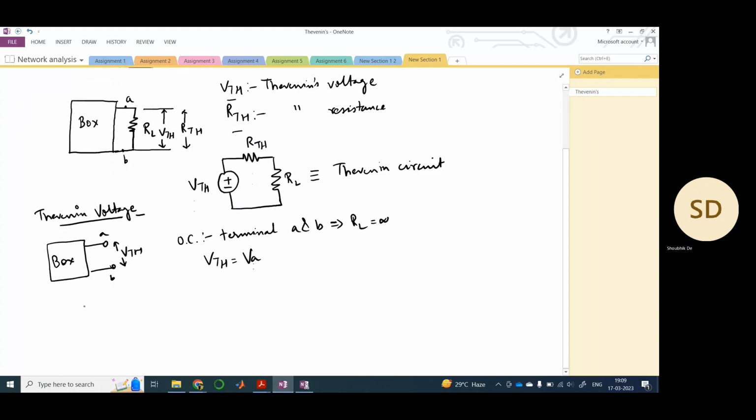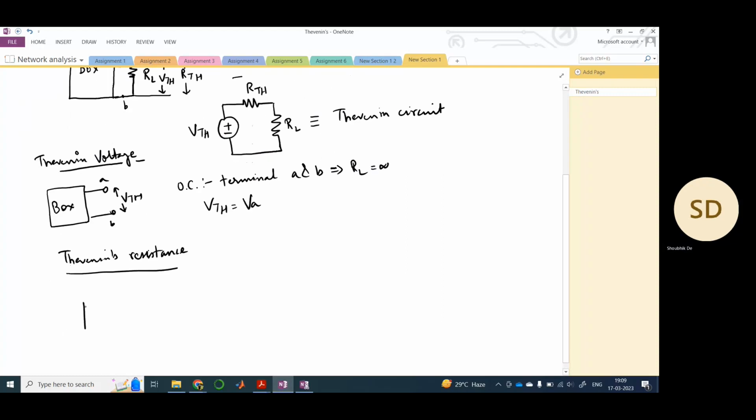Next comes your Thevenin resistance. For this you have this black box here, and again you have terminals A and B. Now you will look into this circuit, which this box consists of, which you will be given while you are solving the problem.